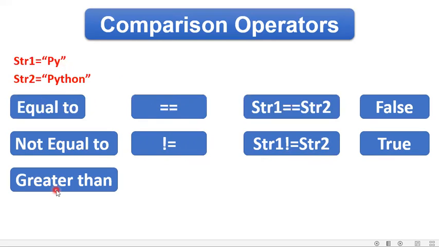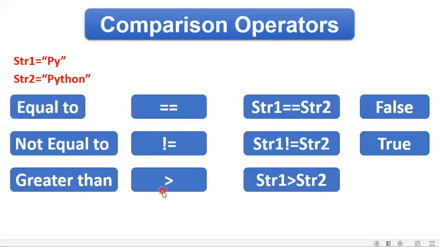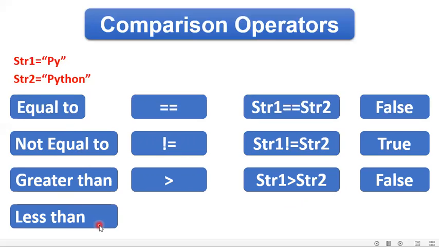Next, greater than. Now we are going to check which string is the greatest one. It is denoted with the greater than sign. If we compare str1 greater than str2, we get the result false, because str1 contains 2 characters and str2 contains 6 characters. Next is less than. It is denoted with this particular sign.